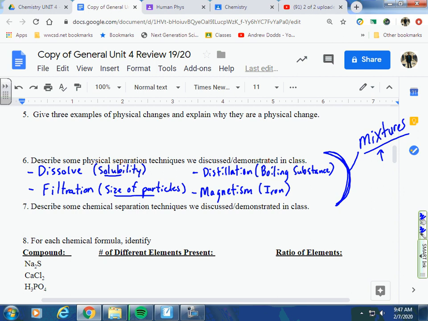So we're talking about compounds here. How can we separate compounds into their smaller parts? What this is called is a decomposition reaction. Splitting apart something, sometimes using electricity, they call that electrolysis.